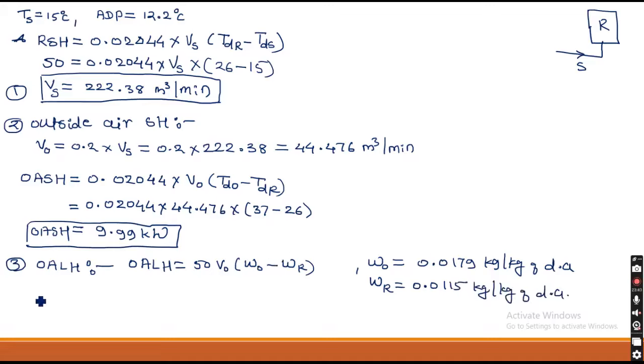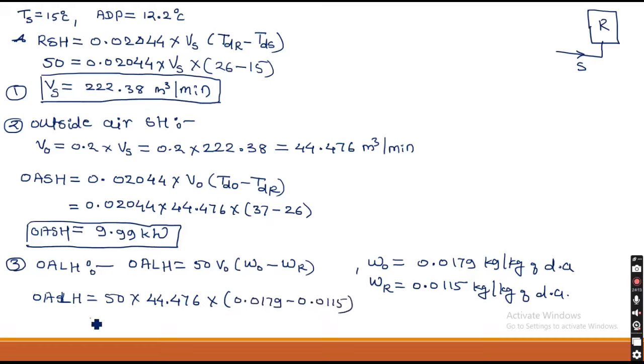Outside air latent heat is equal to 50 into VO. How much is VO? It is 44.476. So 44.476 multiplied by these two values, 0.0179 minus 0.0115.